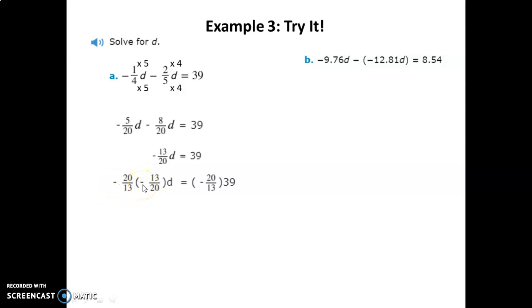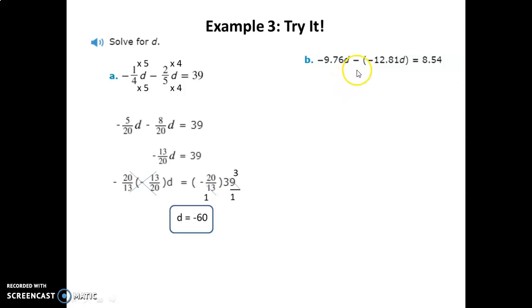You also multiply the other side by the same fraction. So negative 20 over 13 is the reciprocal. You could reduce, making 13 into a 1 and the 39 into a 3, and so you would end up with negative 20 times 3, which is negative 60.